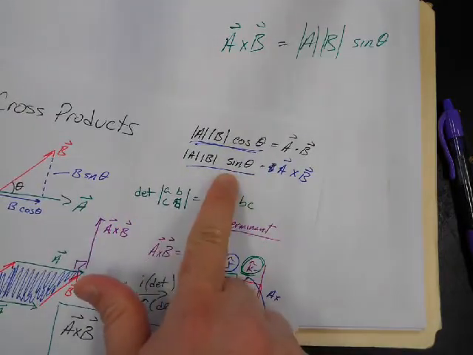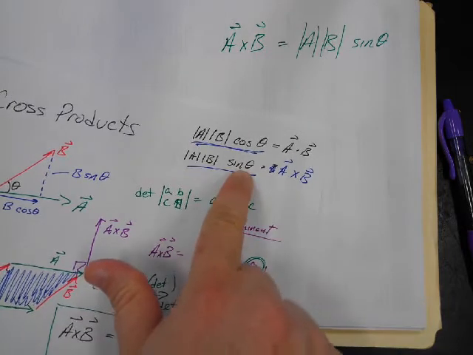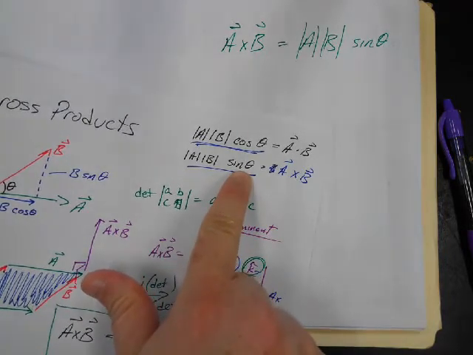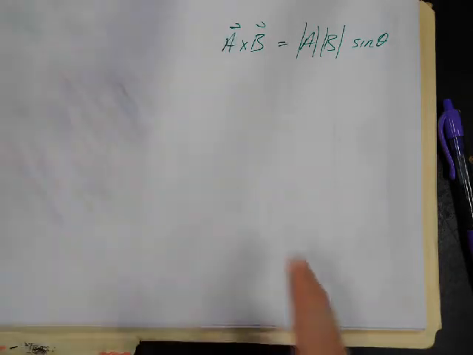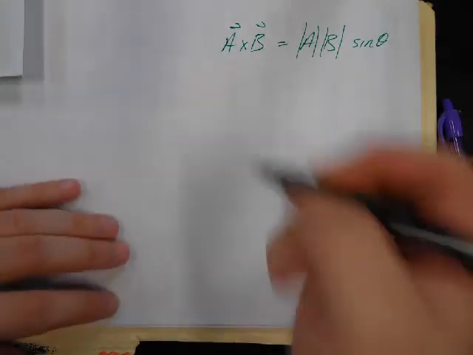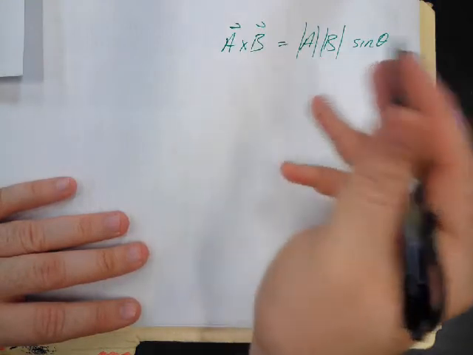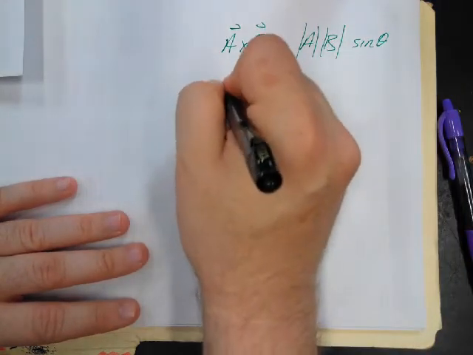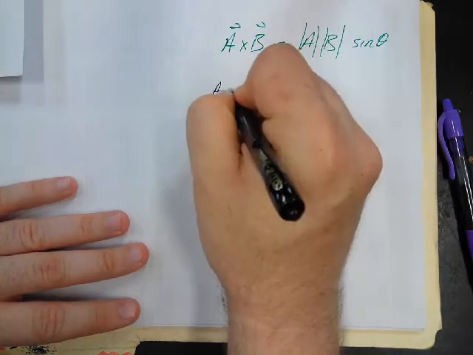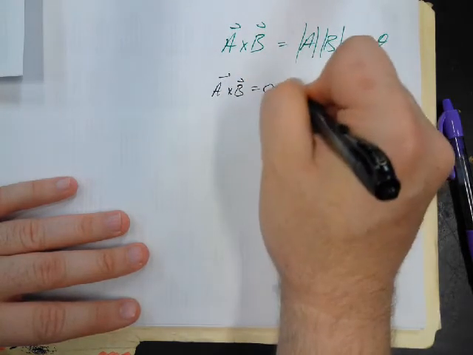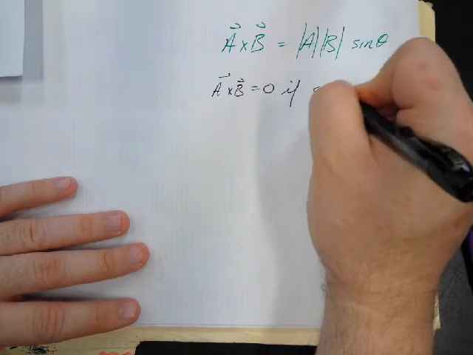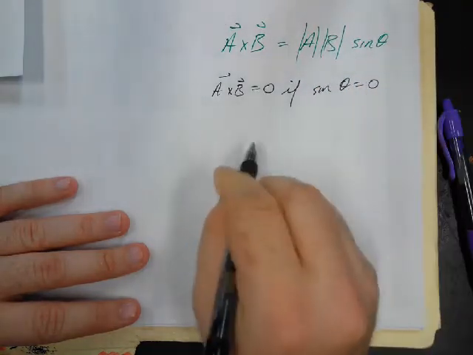Alternatively, from this definition it is much easier. If they're parallel, sine is zero, and either phi is 0 or 180, and so sine of theta is 0. So you learn that A cross B is 0 if sine theta is 0.